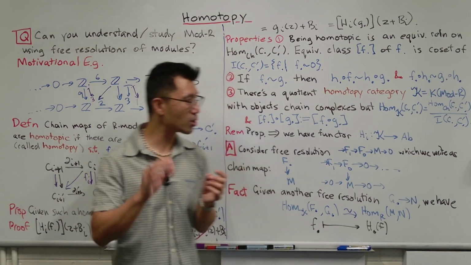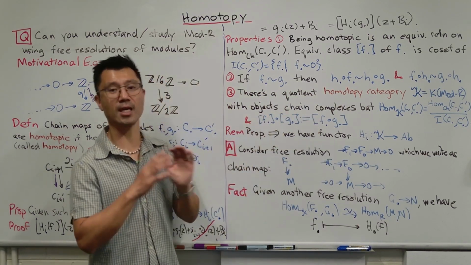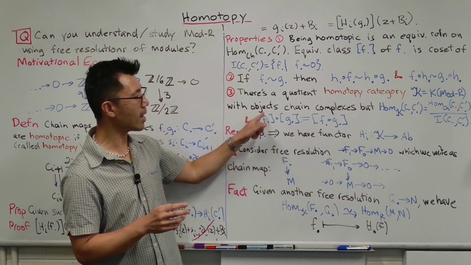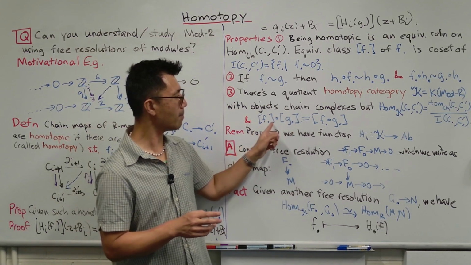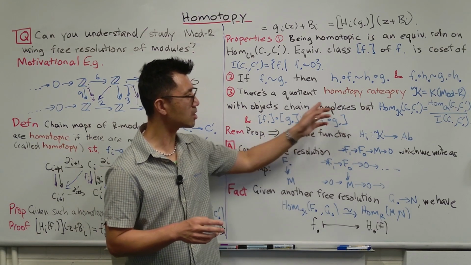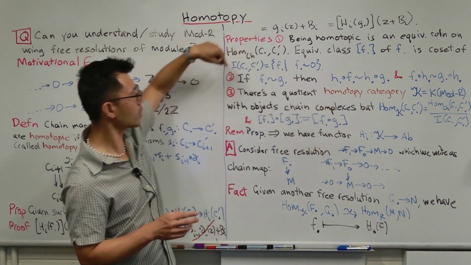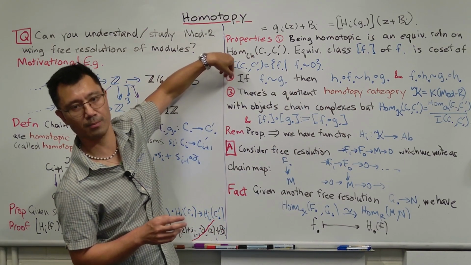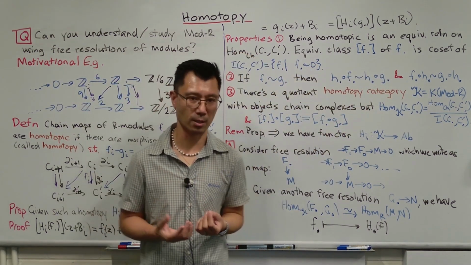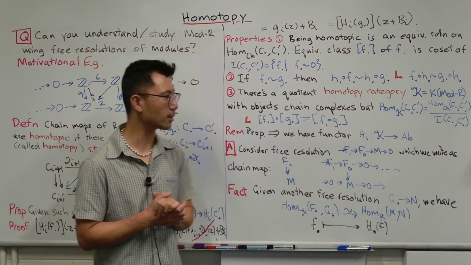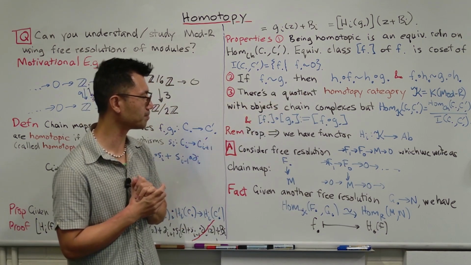And of course, the thing you have to check is that this is indeed well defined. In other words, if you replace this F dot with something homotopic to it, does this stay the same? And that holds because of property 2 here. So that's why I mentioned this, so that you do actually get a new category. And you can check the other category axioms hold here.